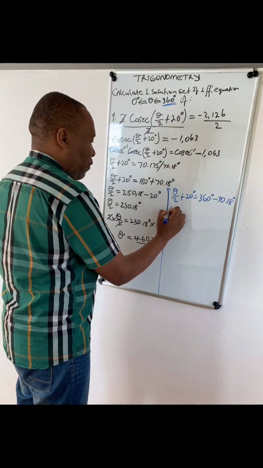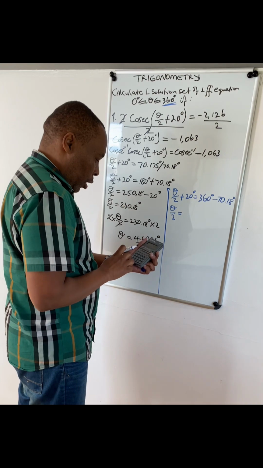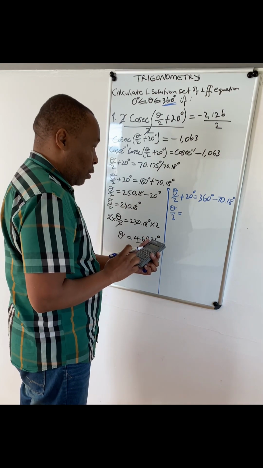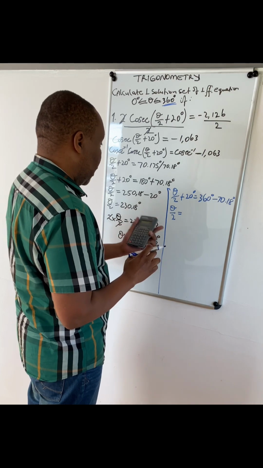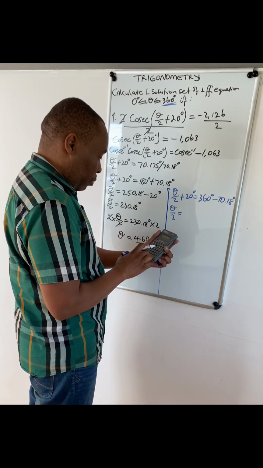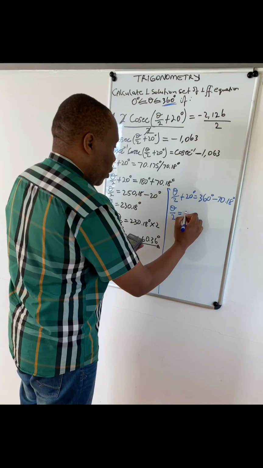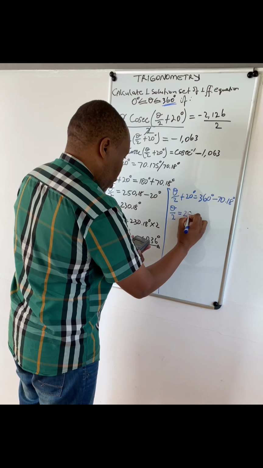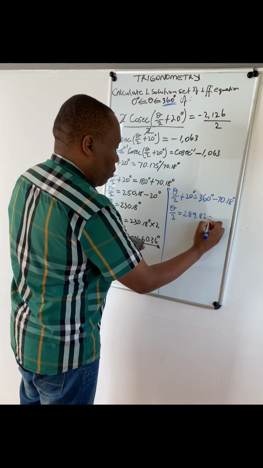So here we have theta over 2 plus 20 is equal to 360 minus 70.18, which is 289.82.